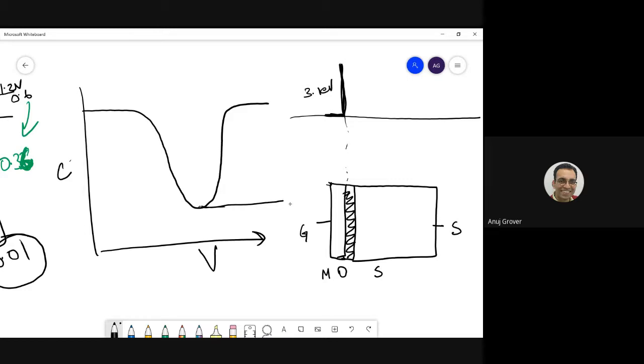So whatever is the built-in voltage, two-thirds, three-quarters of it will drop here, and the remaining will drop in the silicon region. Okay?